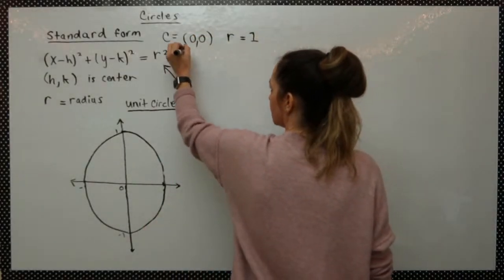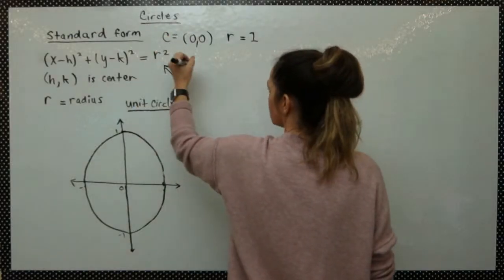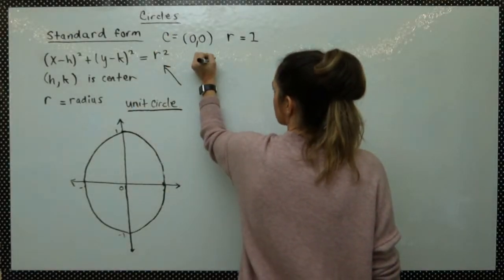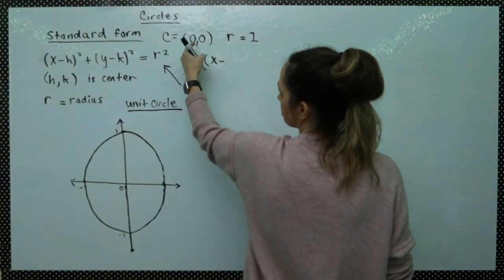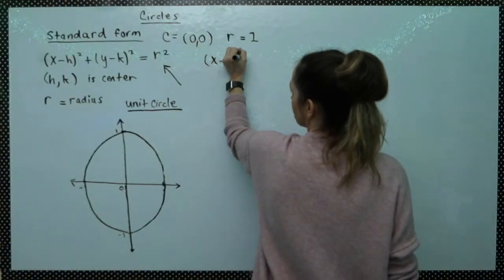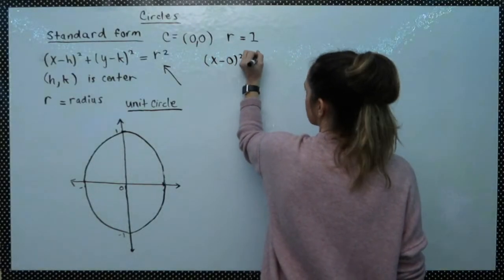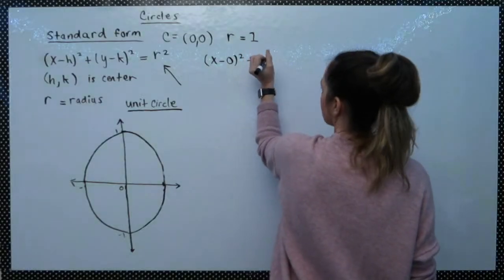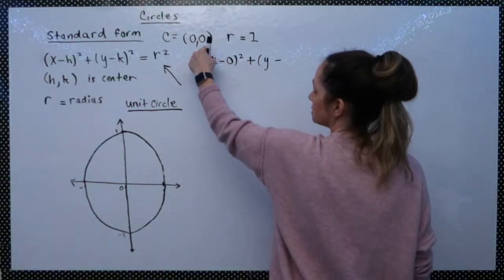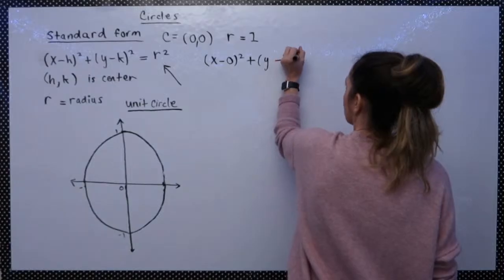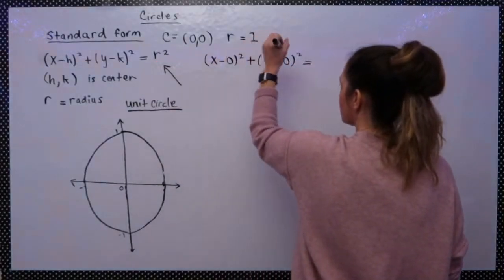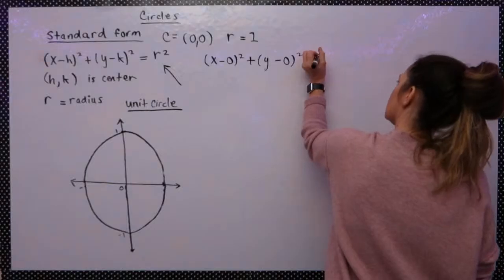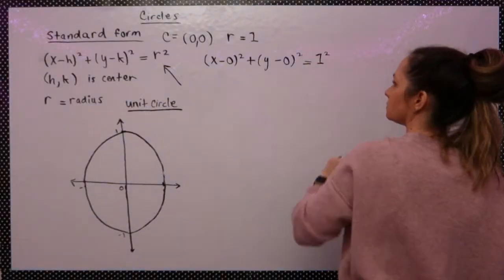When you plug those values into this equation, you get x minus 0 quantity squared plus y minus 0 quantity squared equals 1 squared.